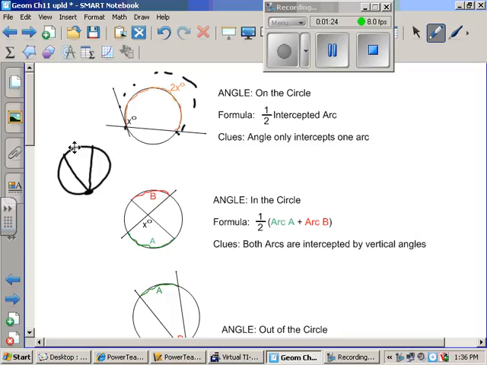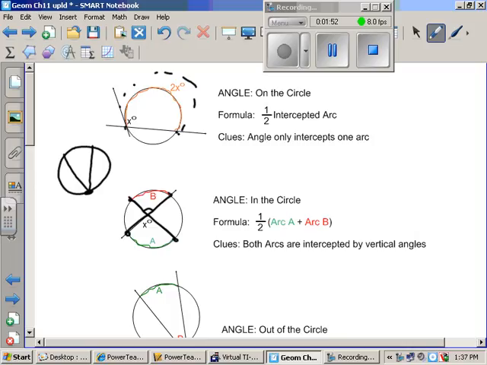The formula is you take the angle that you're trying to measure and you add the two arcs that are intercepted by the vertical angles. So this angle is intercepting this arc, that's A, and the vertical angle to it is intercepting B. You just add arc A and B, divide by 2, and that gives you the angle.